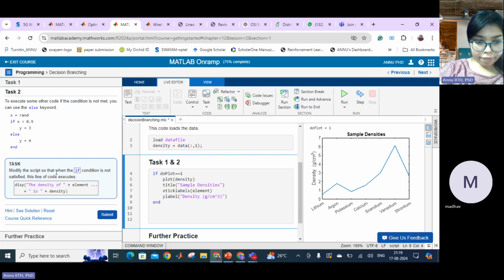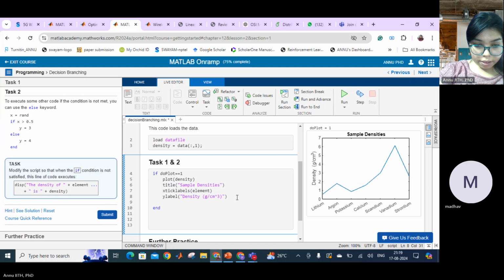Modify the script so that when the if condition is not satisfied, this line is shown like this. So we can have else. Okay.